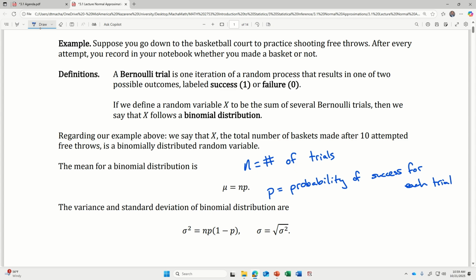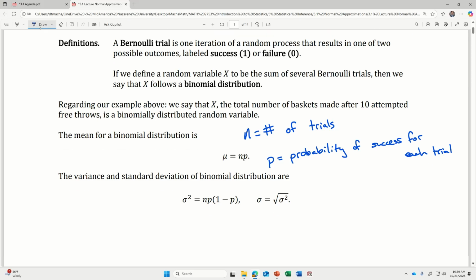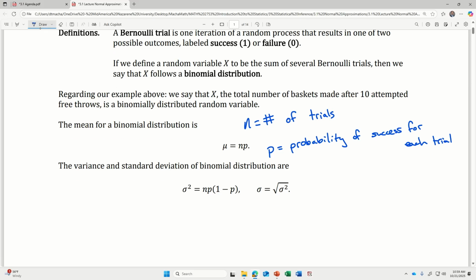To get the mean is just n times p. The variance is n times p times 1 minus p. And the standard deviation is just the square root of variance. So the standard deviation is going to be the square root of n times p times 1 minus p.